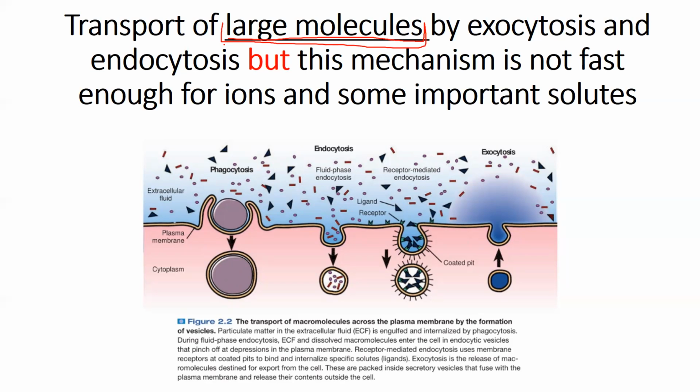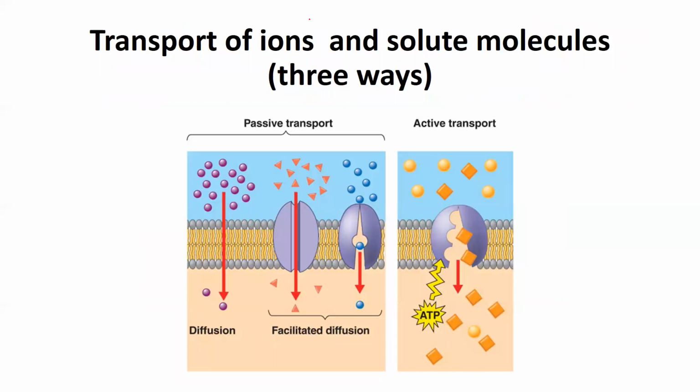However, this type of transport is slow, is not fast enough to meet the demand of the cell for transportation of molecules that are essential to sustain life of the cell, okay? So there are other mechanisms for transport of ions or some important solutes. So large molecules, again, are transported by vesicles, but this mechanism is not fast enough for ions and some important solutes. So the other ways of transport are basically categorized into three ways, okay?